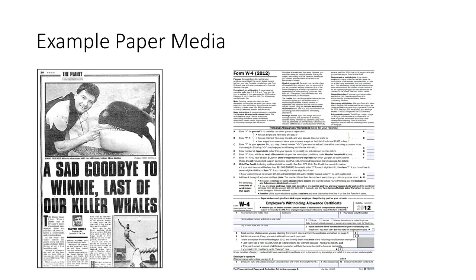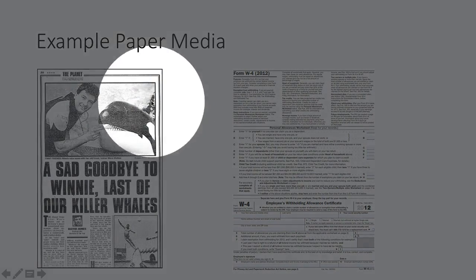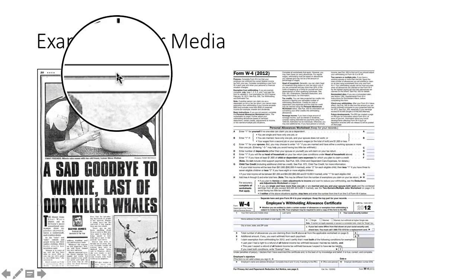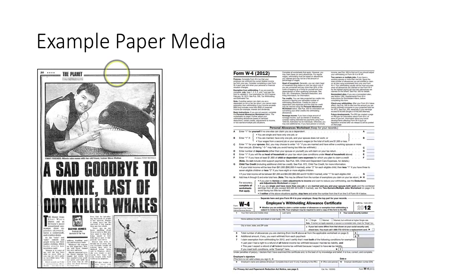So here's an example of just paper media. On the left we have a newspaper article, and you can see the way that the article is set up, just like the way you see articles on the web nowadays. You have a picture, then a title for the article, and then the body of text.